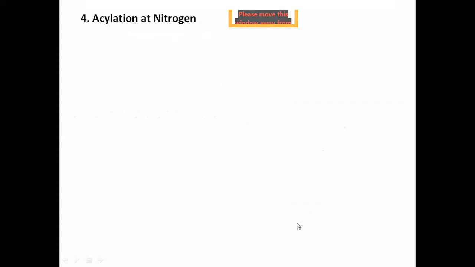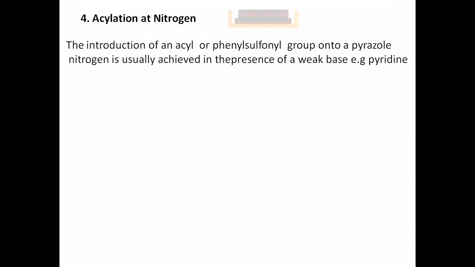Next, the fourth reaction is about the acylation at nitrogen, or acylation of pyrazole under different conditions. Now see here, an acylation type reaction. So an acyl group or phenyl sulfonyl group can both react with the pyrazole, and depending on the condition, acylation takes place.